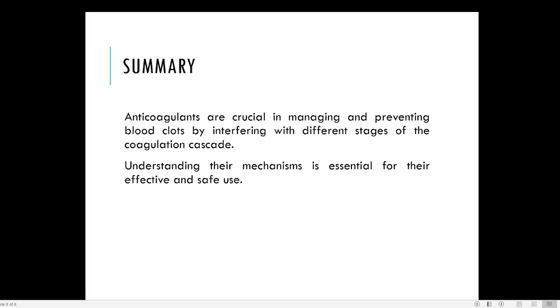These are some of the important molecules that prevent blood clotting, and they all play an important role in various procedures involving our cardiovascular system.